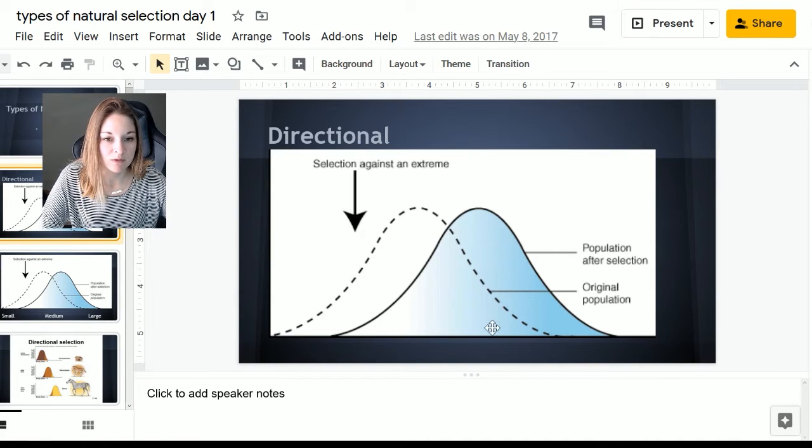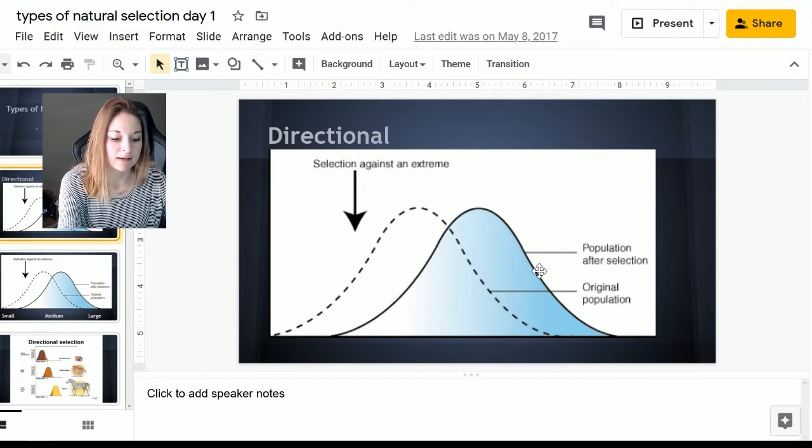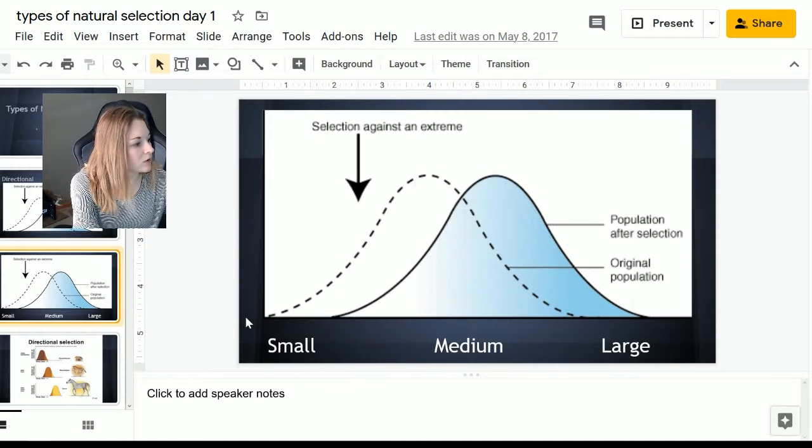So in this case, if it was beneficial in your environment to be tall, what we would see over time is more and more people would be tall, and so there would be a shift in that bell curve. So again, that dotted line is showing you the original population, and the second solid line is showing you that shift. The example I'm giving you here, I'm just labeling small, medium, large to give you an idea of traits.